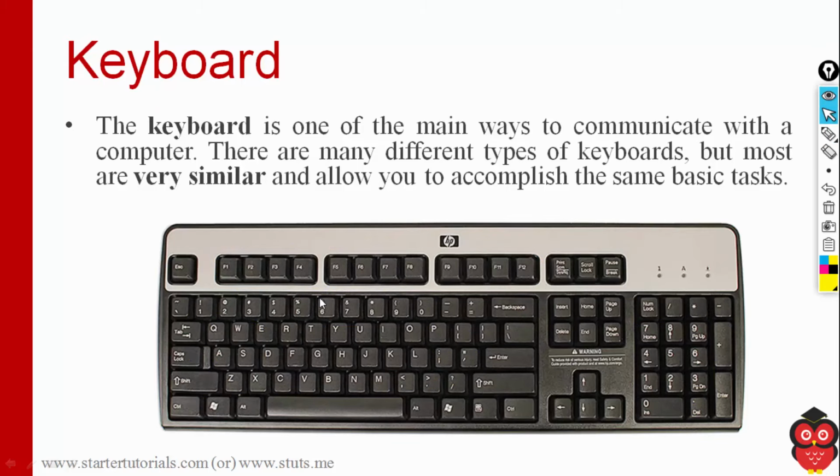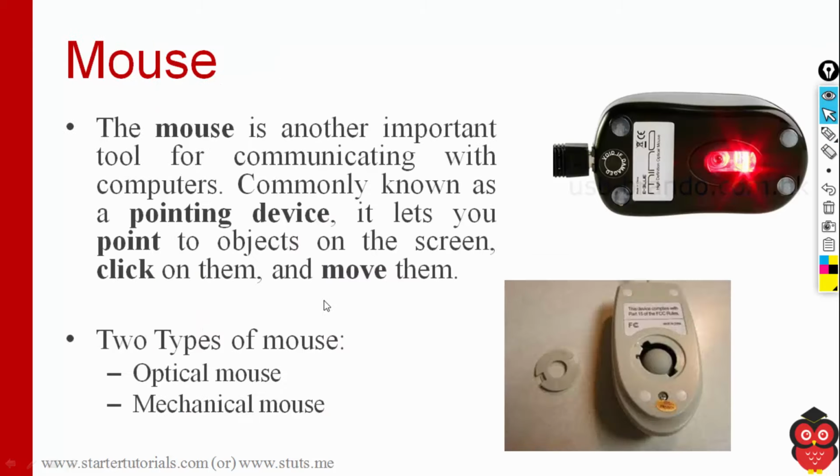Now let's move on. Another kind of input device we generally use is mouse. A mouse is used to click on the things that are displayed on a computer, like I am tapping here. I can do these things using mouse.